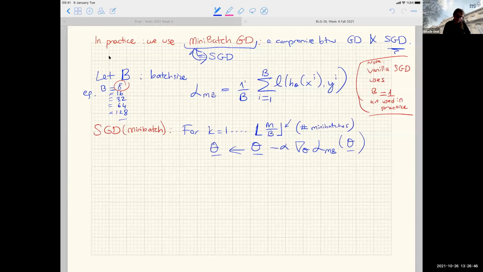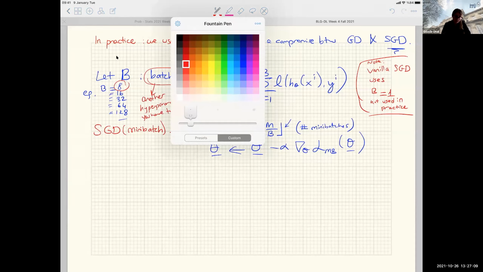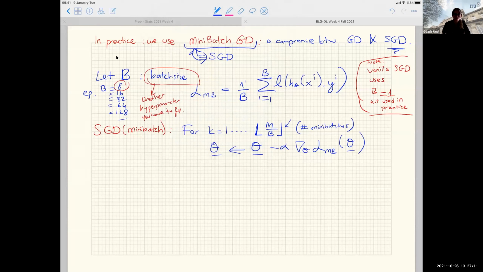So now B is another hyperparameter. I should also note that. Batch size, another important hyperparameter you should note, a hyperparameter you have to fix. I will show you some pictures of loss landscapes later.